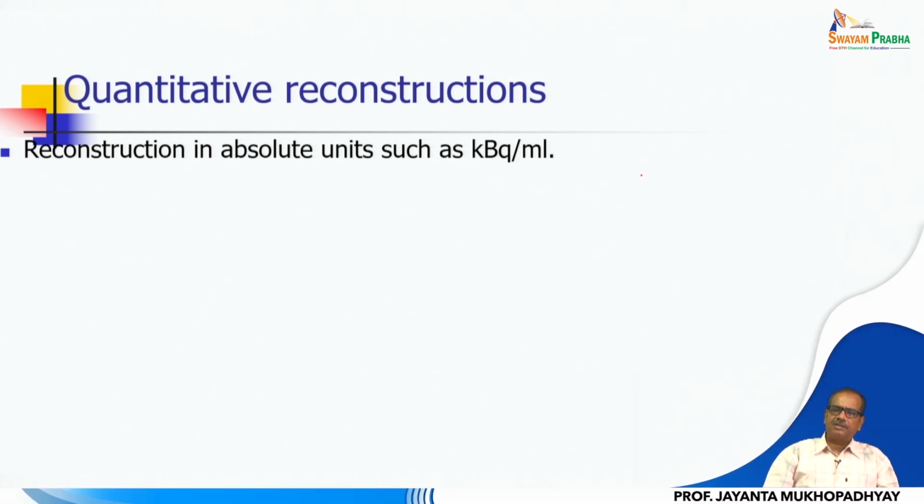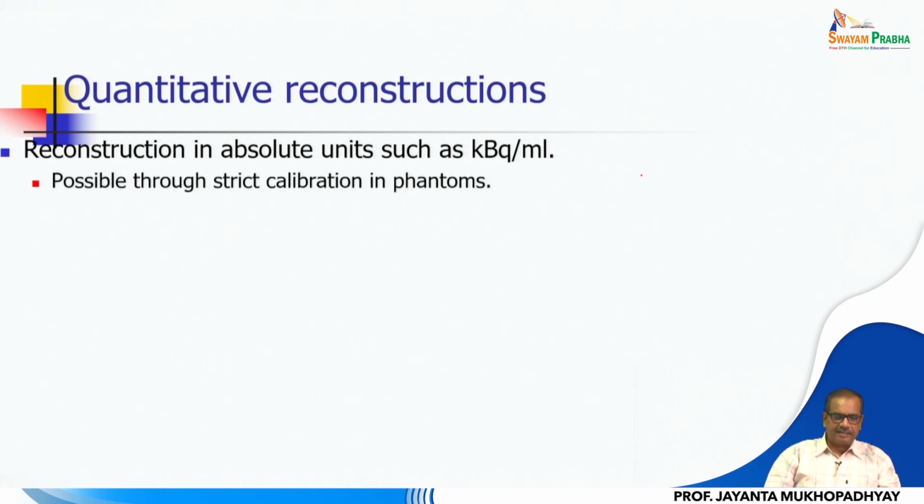When we reconstruct this image, as we have seen for X-ray imaging or CT, we convert it into Hounsfield units. But here also we can calibrate these devices to convert those recorded values into an absolute form of dose concentration, for example kilobecquerel per milliliter. For that you require strict calibration.